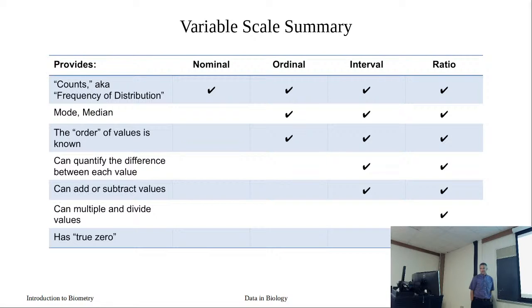No, I'm not going to ask you to repeat or replicate this table in any way. It's just to give you a summary. But do know that nominal or ordinal are qualitative variables. If we have a qualitative variable, it'll be either nominal or ordinal. If we have a quantitative variable, be it continuous or discrete, then it's going to be interval or ratio.